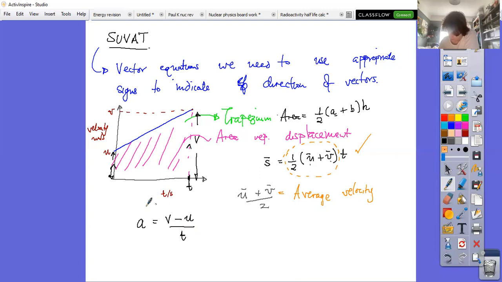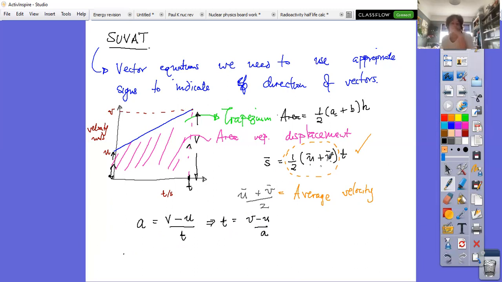We can play around with this equation because we can substitute what t is. This gives us t equals v minus u over a. Now, I will not include the bars to show that it's a vector equation because we all appreciate that now, but it's just a point to emphasize. So I can rewrite this now.